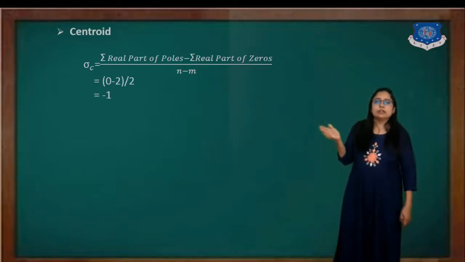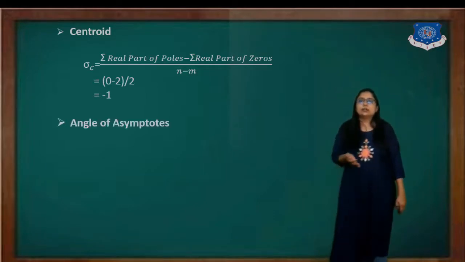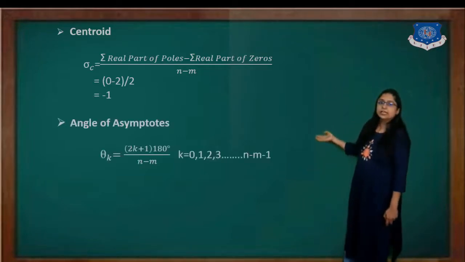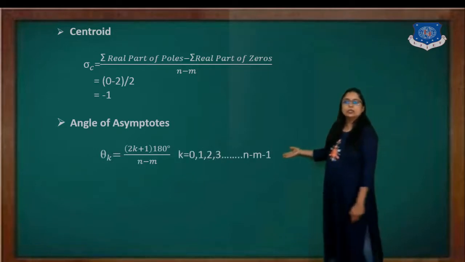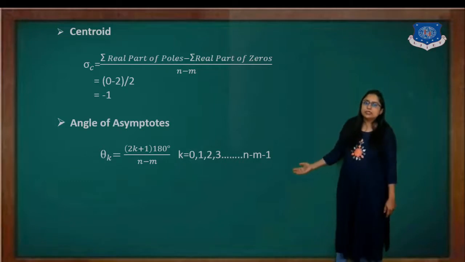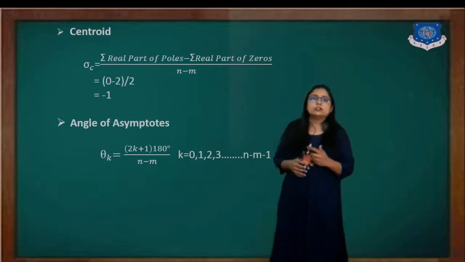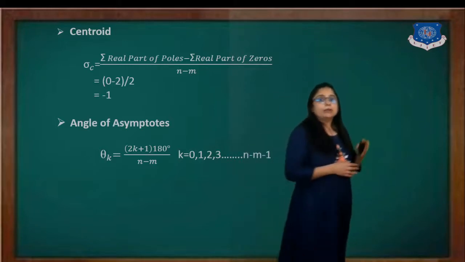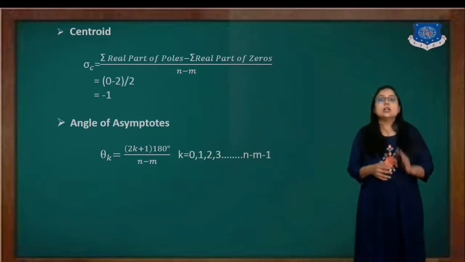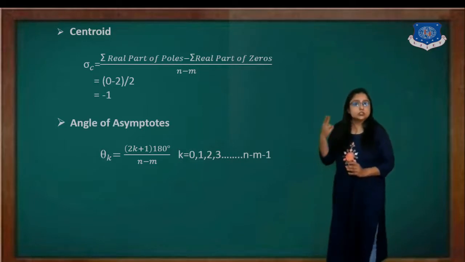Now we require the angle of asymptote. The equation is theta k equals (2k plus 1) into 180 degrees divided by n minus m, and the value of k varies from 0, 1, 2, 3 up to n minus m minus 1. Now put the value of n, which is 2.